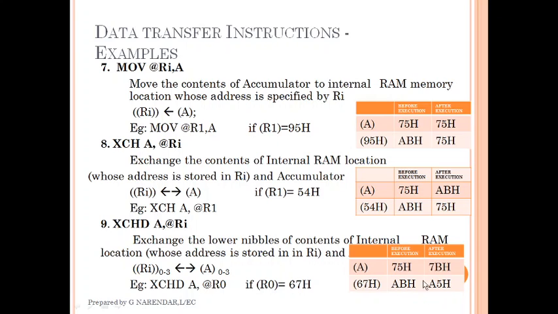So the data in the accumulator becomes 7BH, and the data in the 67H memory location becomes A5H. The upper nibble remains as it is, but the lower nibble is exchanged.